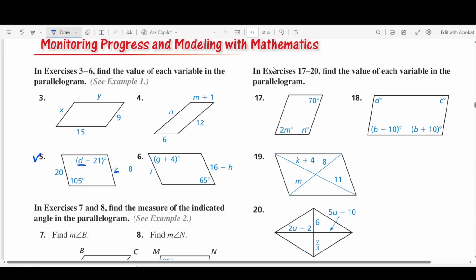Z minus 8 is 20. To find z, Z is 28. Very good. Because this is negative 8, so add 8 to both sides. So 28. Good. And let's find d now.